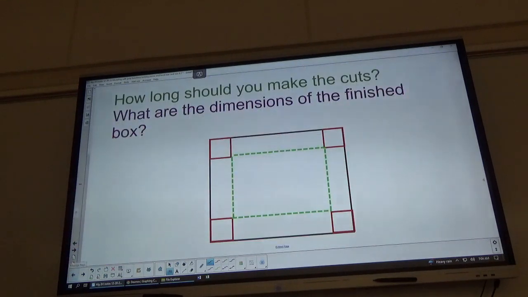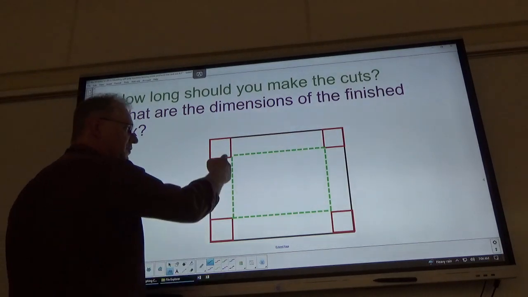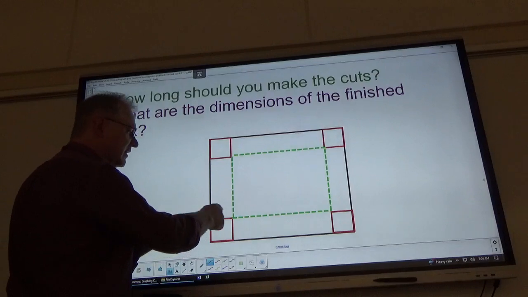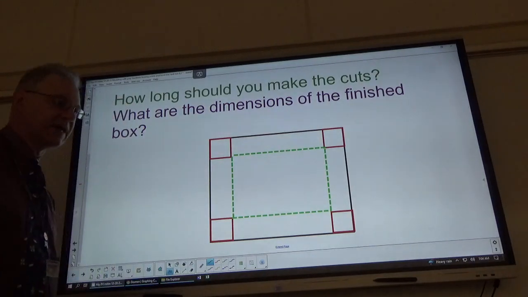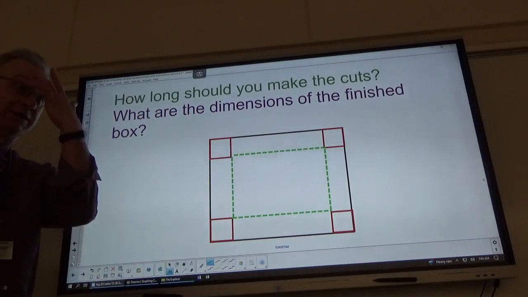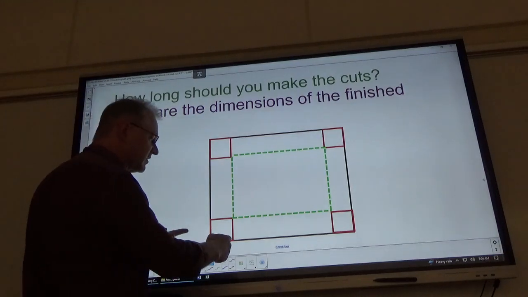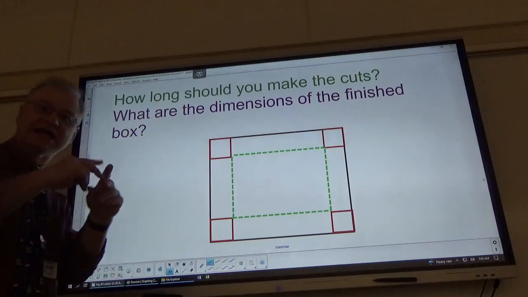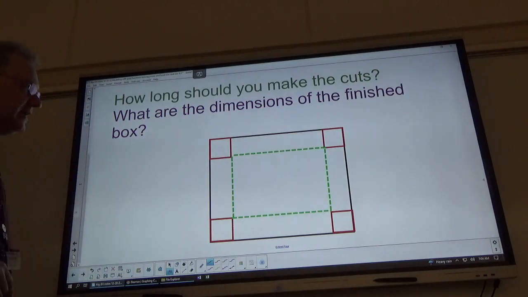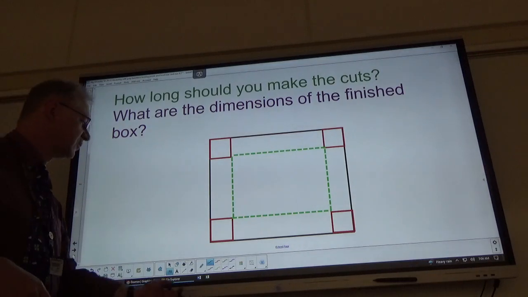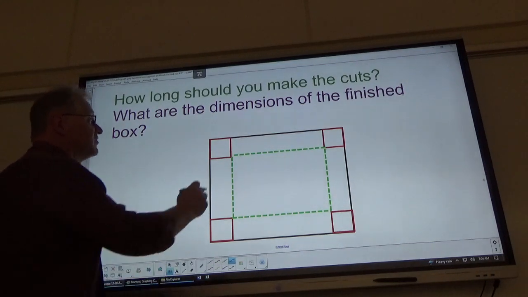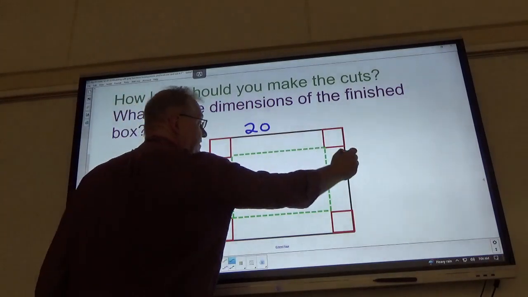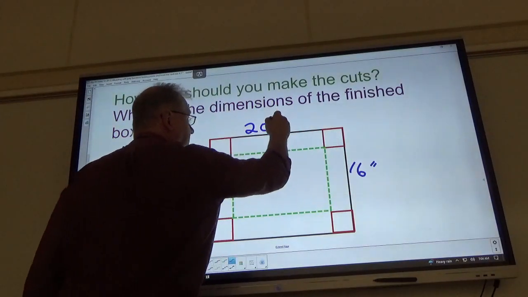So here's what your general piece of cardboard would look like. You're going to fold along these dotted lines. You're going to cut these squares out. Now granted, if it's a piece of cardboard, you'd probably just cut one of the sides and bend it so that you could attach it to the folded up side, whether with glue or staples or something like that. So this is 20 by 16 inches.